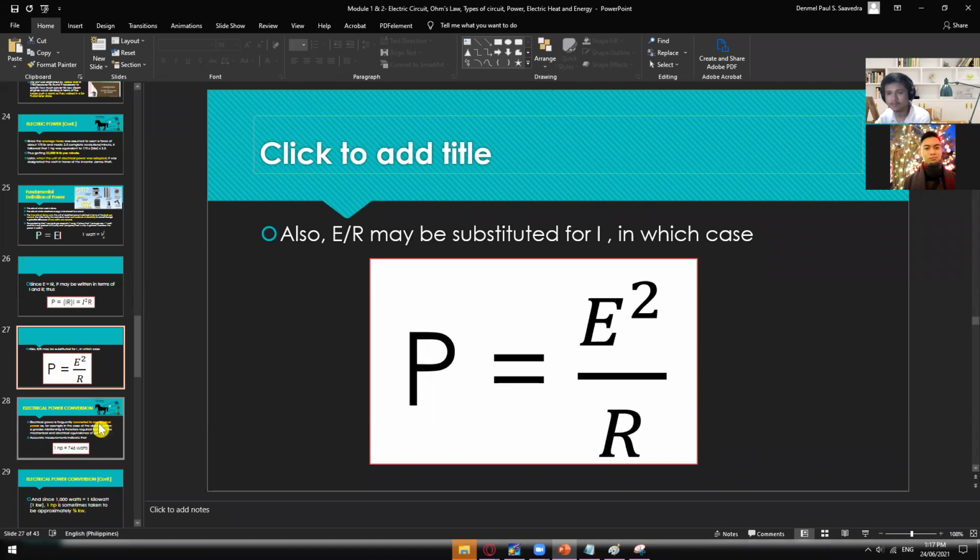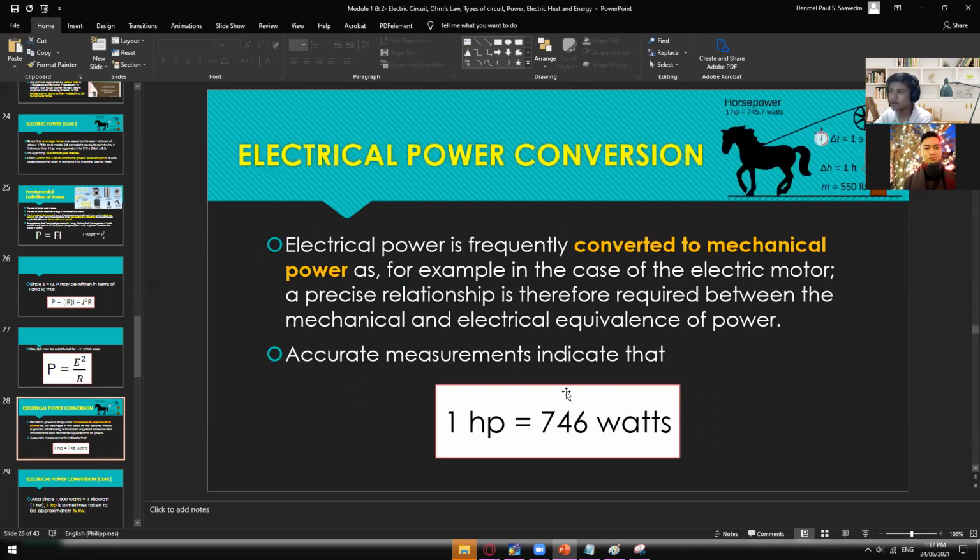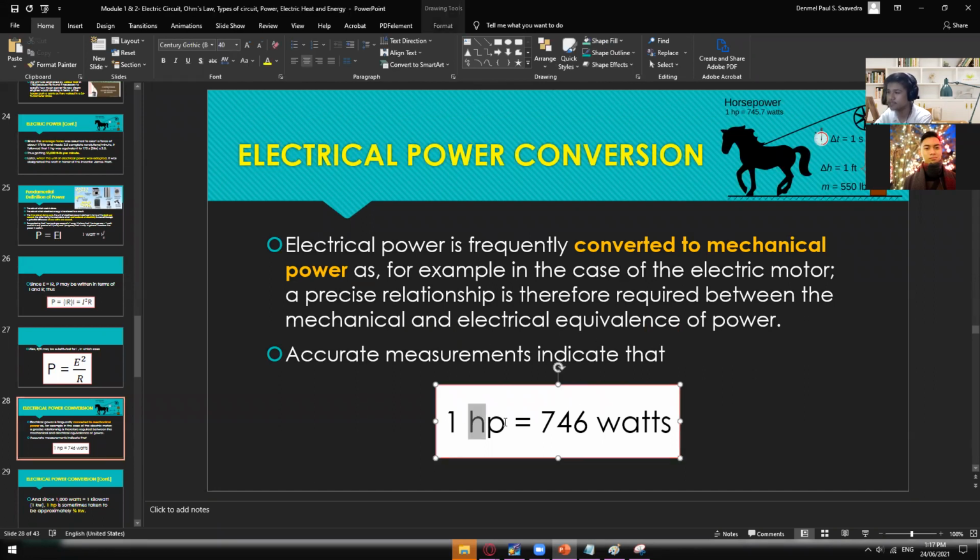All right, so let's now talk about horsepower. When it comes to horsepower, this HP right here has been converted into mechanical power. So it's not literally the horse. It's just based on the horse, but the one that is working is the mechanical power, so it could be any mechanical system. They were able to find out that 1 HP is equal to 746 watts.